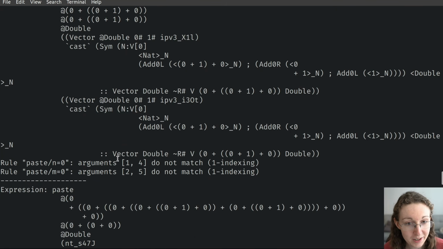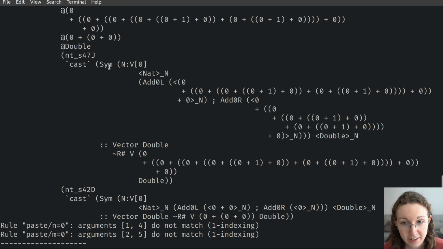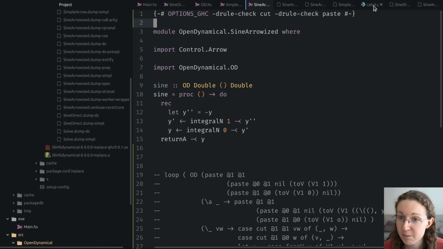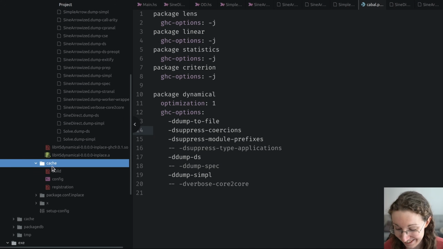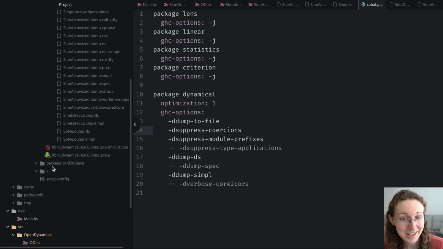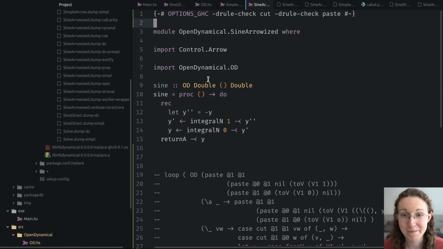But if we go back up to this example, then we have some vector that's being, this isn't as interesting an illustration as I was hoping it would be. But basically, this coercion here is saying that when we add, this is not worth explaining. This is a bad idea. I take it back. I'm not going to go into the details. But basically, our rule does not match because those types, according to GHC, are not actually the same.